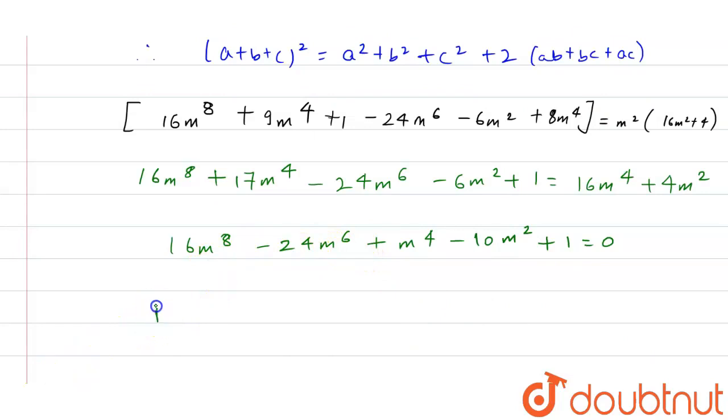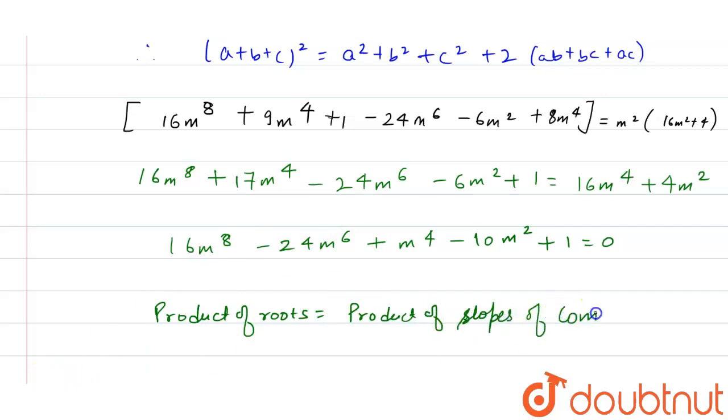So we get the product of roots, that is equal to the product of slopes of common tangent.